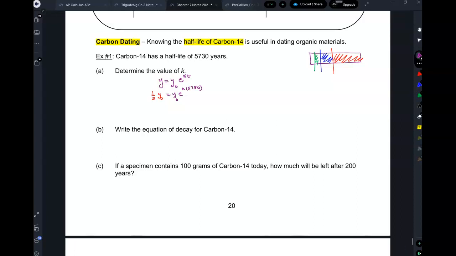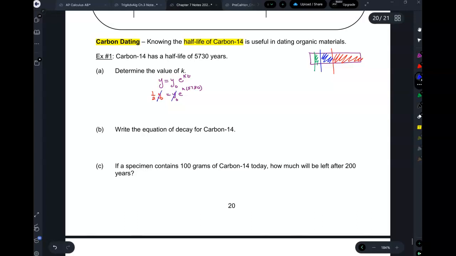So what this equation tells me is 5,730 years have passed. The initial amount was y naught, and now there is half y naught. This is how a half-life equation is always going to look. So now we're just going to solve this for k.